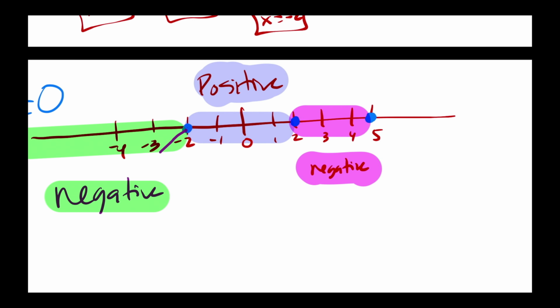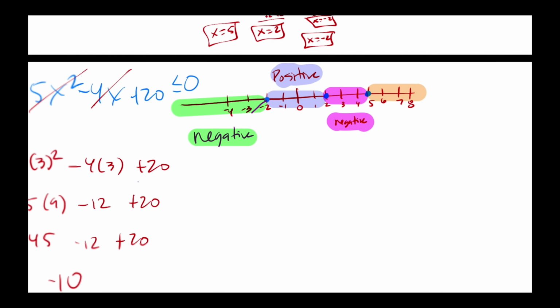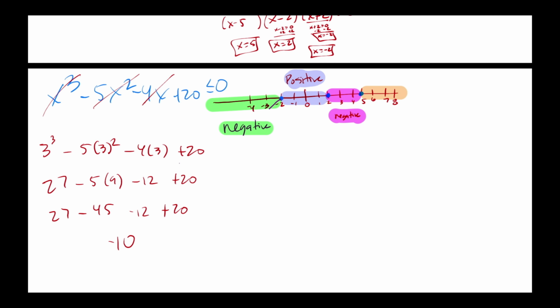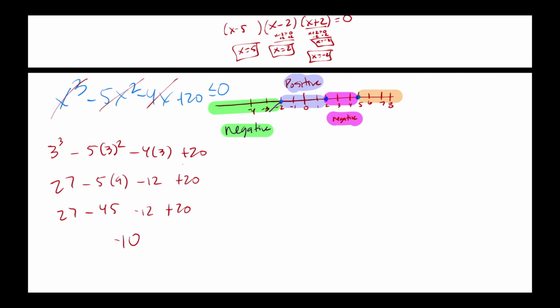And now let's look at the last one, beyond 5. Let's look at this orange area over here. Let's pick a number there. I don't know, 6. We'll try 6. 6 cubed minus 5 times 6 squared minus 4 times 6 plus 20. Is that going to be positive or negative? 6 times 6 is 36, times 6 is 216.